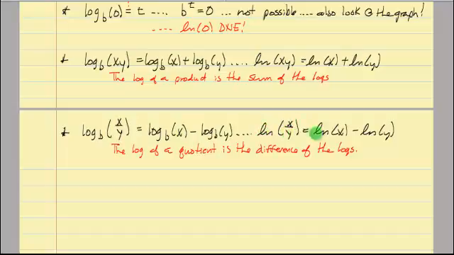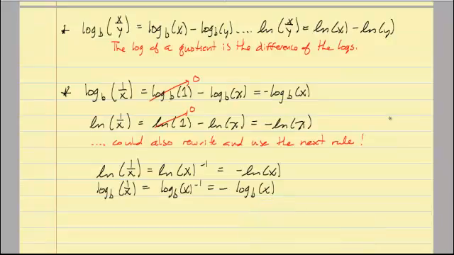The ln of x divided by y is equal to the ln of x minus the ln of y. This rule follows directly from the fact that if we flip y up top, I have x times y to the negative 1. Well, that's a product. So I could rewrite this in terms of a product. The log of a product would be the sum of the logs, and then I have a negative exponent that I can work with using one of my next rules.